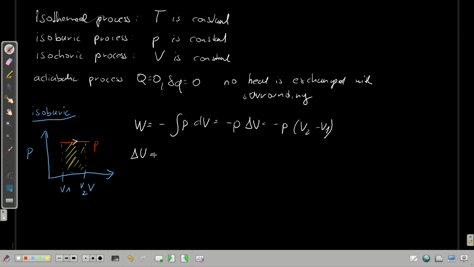And this means, with what we already know about the first law of thermodynamics, that delta U equals Q plus W, it is Q minus P delta V. And P in this case is always P external.